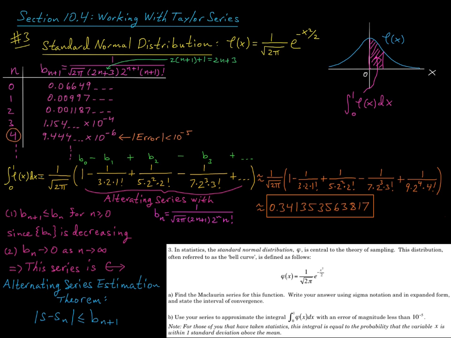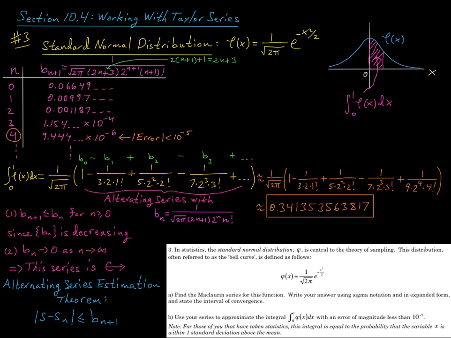So I'm saying that this series, which gives me the exact value of this integral, is approximately equal to this finite sum, where I'm going up to b sub 4, which is 1 over 9 times 2 to the 4th times 4 factorial.